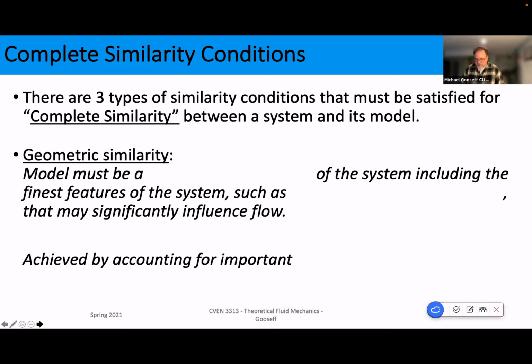So geometric similarity is when a model must be a scaled version of the system, including the finest features of the system, such as surface roughness.